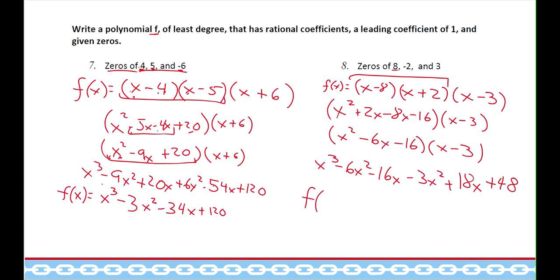So my final combined like terms here, we have f of x equals x to the 3rd minus 9x squared from right here. And then negative 16x plus 18x would be plus 2x plus 48.